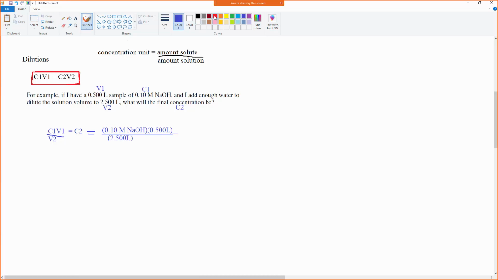And you see, if we leave our units, the liters cancel, and we're going to be left with units of molarity, which is great because I'm solving for concentration.